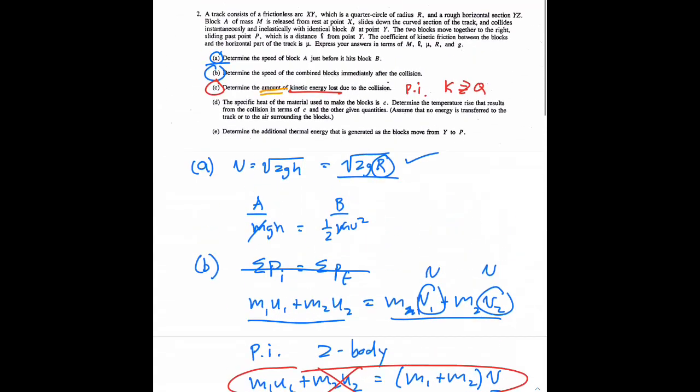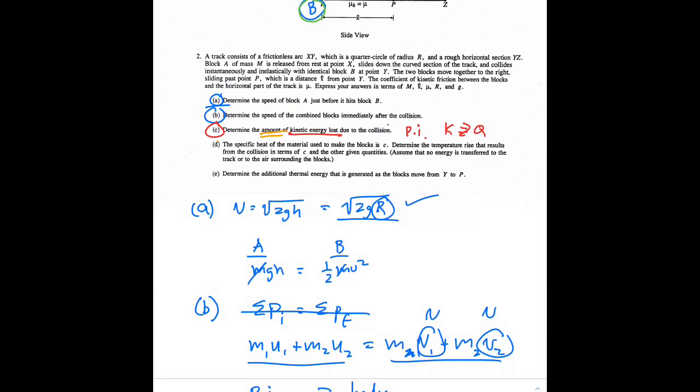Okay, let's move on to part D. Actually, part D of this question references specific heat. You might know from a chemistry course or a previous physics course that you've taken that heat is equal to mass times specific heat times change in temperature.